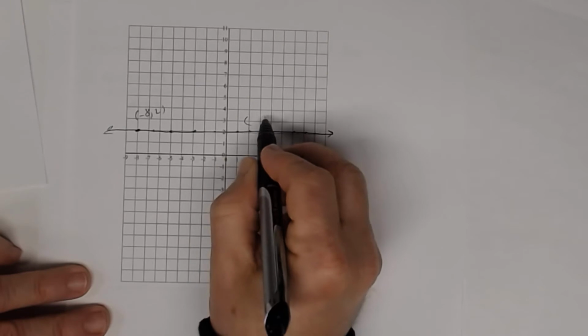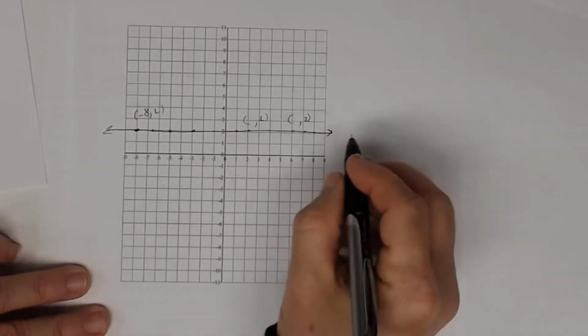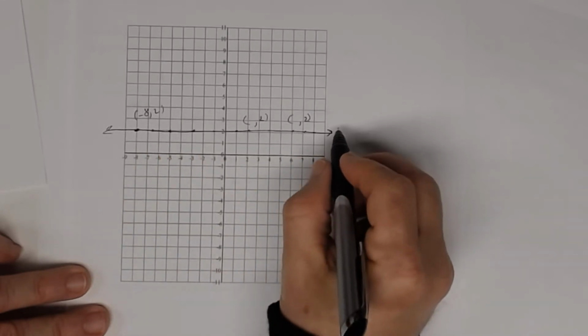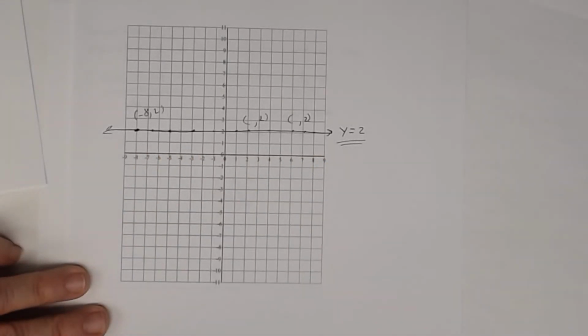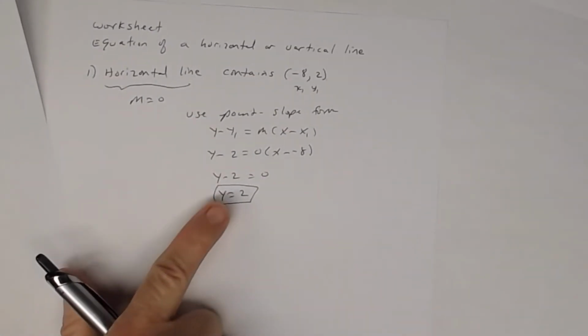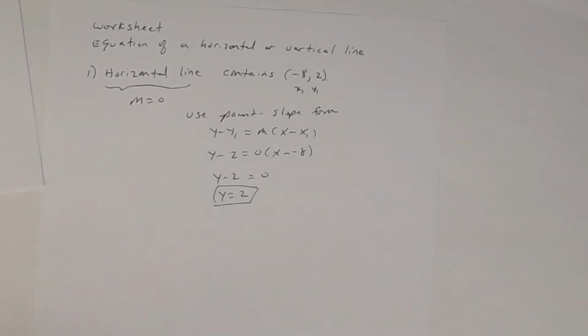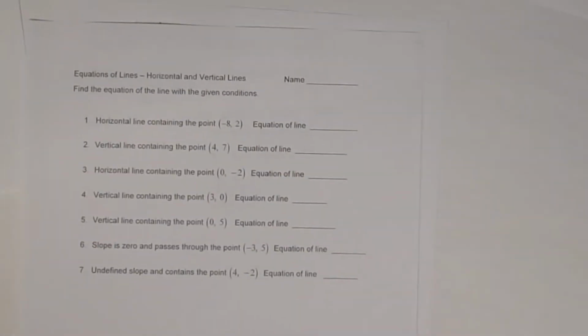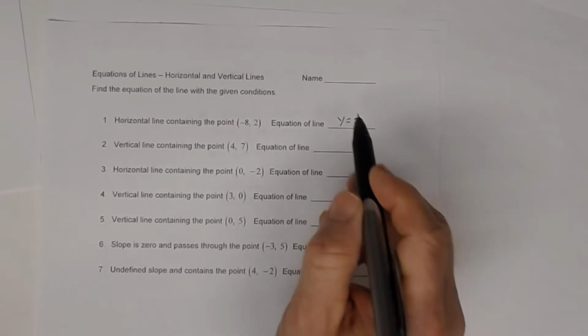That y coordinate is 2 in every situation. Since the y coordinate is always 2, y always has to equal 2, and there's your equation. You didn't have to go through the point-slope process, although you could have, because you know that a horizontal line has slope 0. So the answer here is y equals 2.